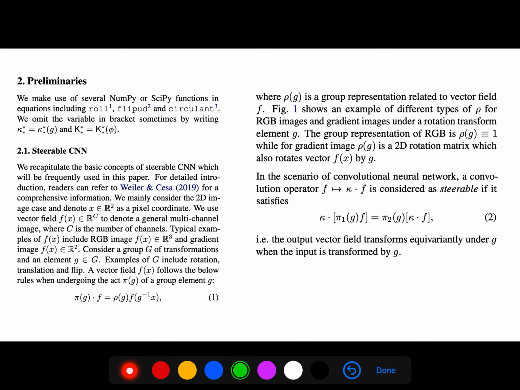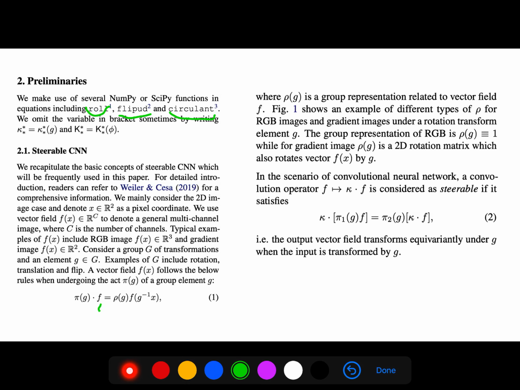We make use of several numpy and scipy functions, for example circulant, which is just a different way to work on matrices. We recapitulate the basic concept of steerable.